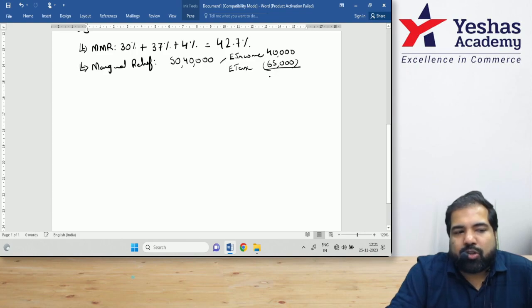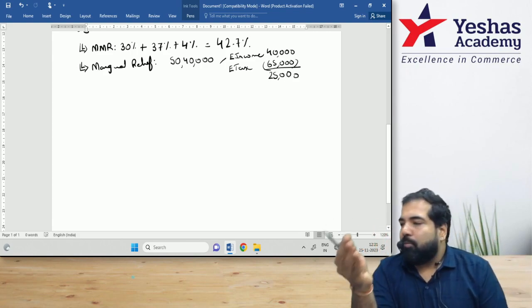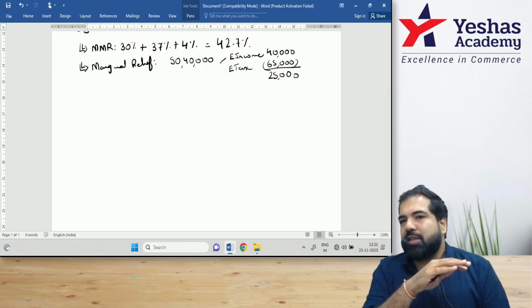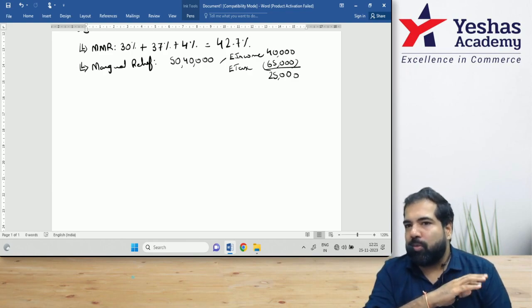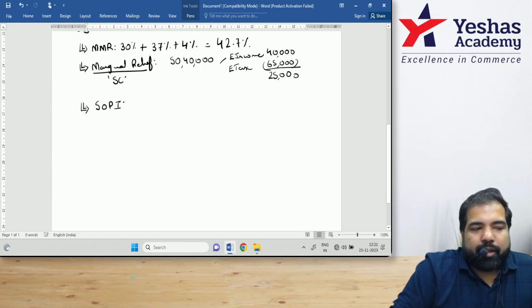So I will get a marginal relief of how much? Remember, for marginal relief, you will always compare with the last surcharge. It has never come in the exam before. I don't think it has a high probability of coming because of too many mathematical calculations. But marginal relief is only because of what, guys? Surcharge.